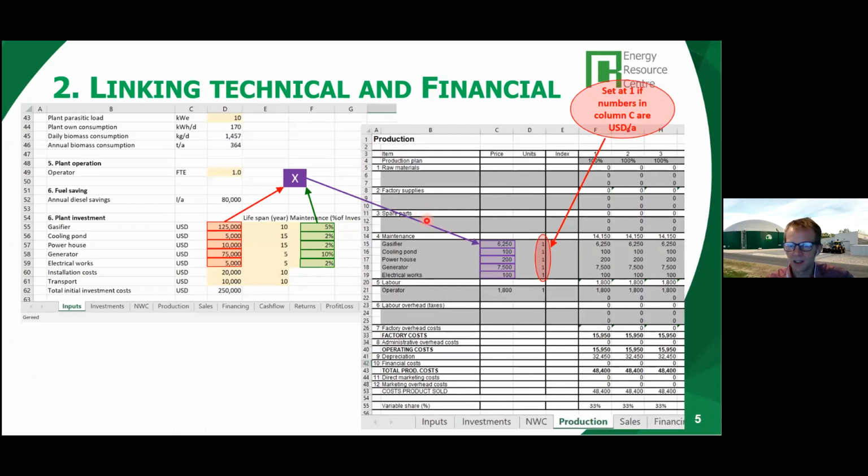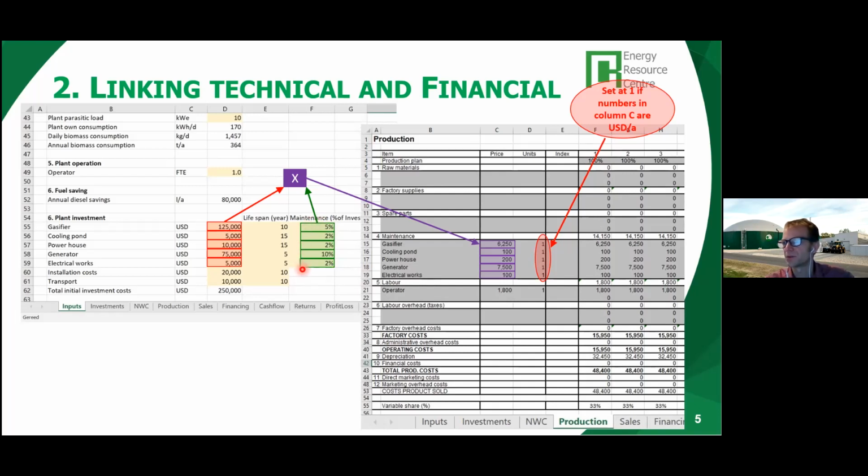Then thirdly, there is the sheet with the production cost, requiring first of all the maintenance cost to be linked through. In this particular case, we had some crude estimations of a percentage of the initial investment cost as annual maintenance cost.